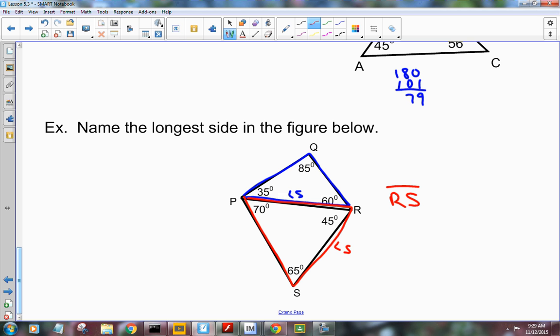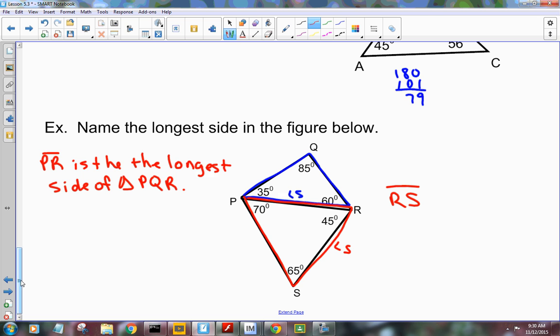But let's kind of explain that because you'll see that again. Make sure that you have something to go back and reference. Okay? Let's go ahead and put: PR is the longest side of triangle PQR.